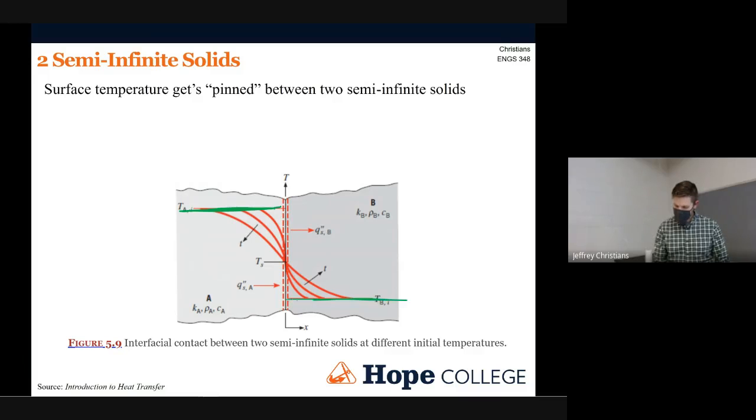This is your foot temperature. They initially come together and the temperature right in the middle gets pinned right there, and that gets stuck. Then the heat starts flowing from the hot thing to the cold thing, which is what causes this decrease in temperature here and an increase in temperature there. So you get these curvy lines.